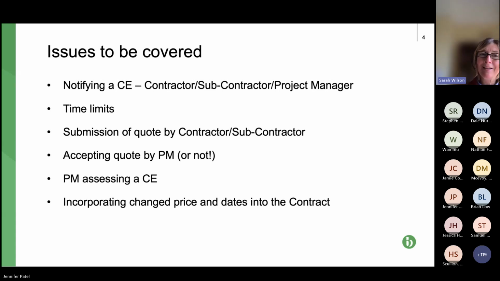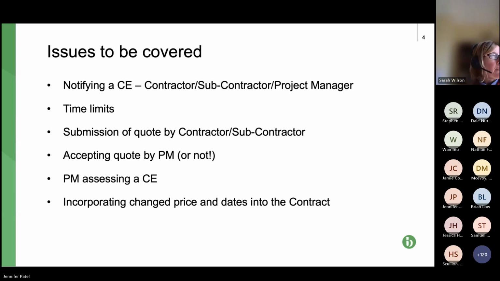If it is a CE, then the contractor in a subcontract or the project manager in a contract will also ask for a quote to be provided, and that's when the party carrying out the work actually starts to prepare the quote. Be careful, because the quote includes the cost, the time, and the cost of the time. So all three of those elements. If you're the party doing the work, please don't forget any of those, because there's a real risk that you're going to miss out.